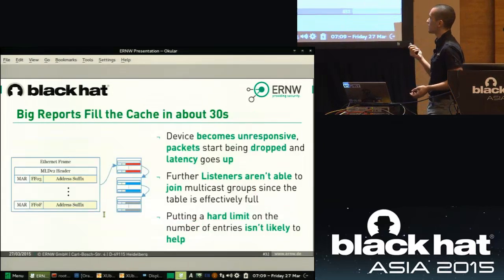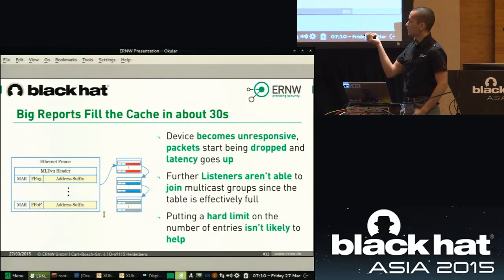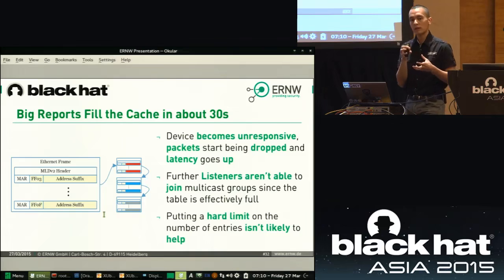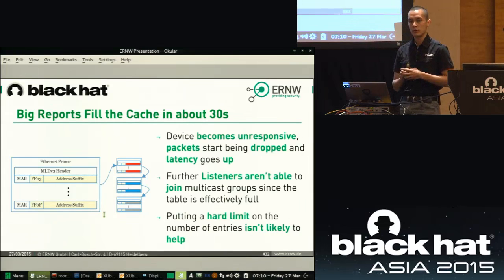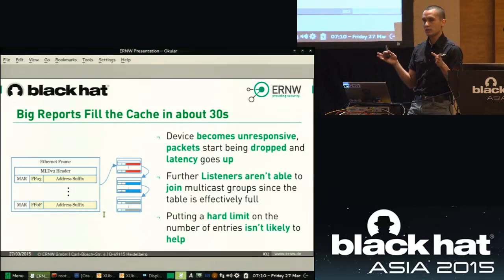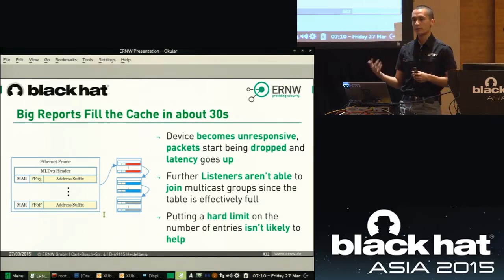Why this happens: as Rafael mentioned, in an MLD version 2 report we can stuff several IPv6 addresses, saying, okay, dear router, I want to report that I'm listening to certain groups. Here you have this list of groups. And if we fill these MLD version 2 reports with source addresses and tell the router that we're listening to a lot of addresses, then the router is going to start caching all of them.